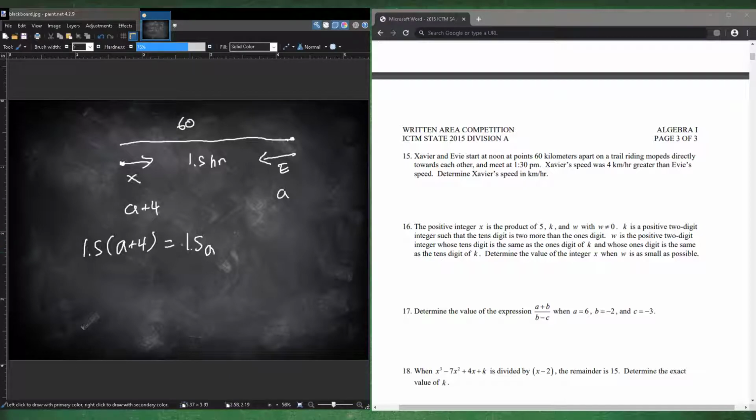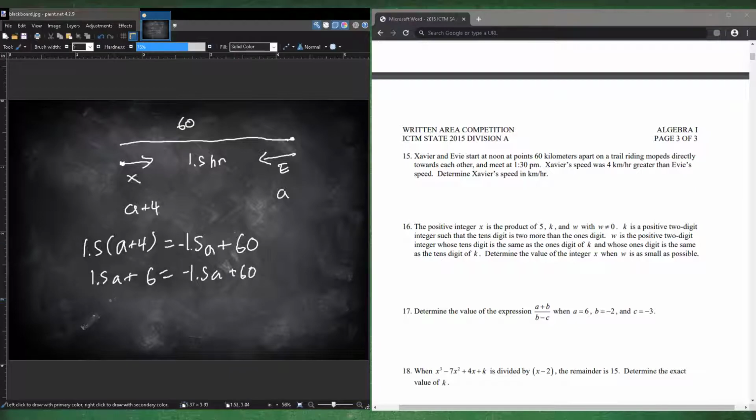But she's going backwards, so you have to put a negative in there, plus where she started from, which is 60. So this is 1.5a plus 6 is equal to negative 1.5a plus 60.